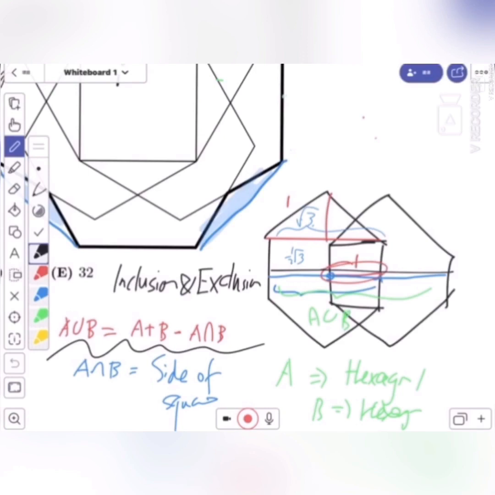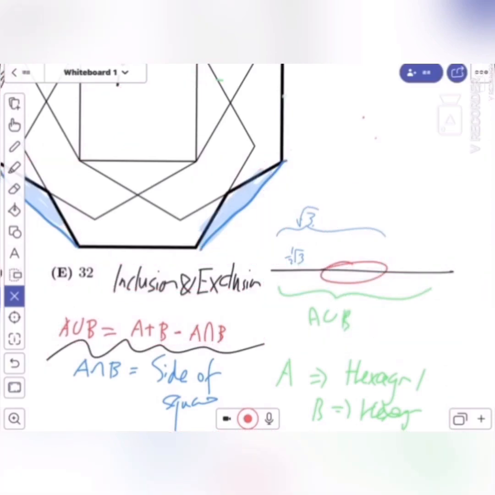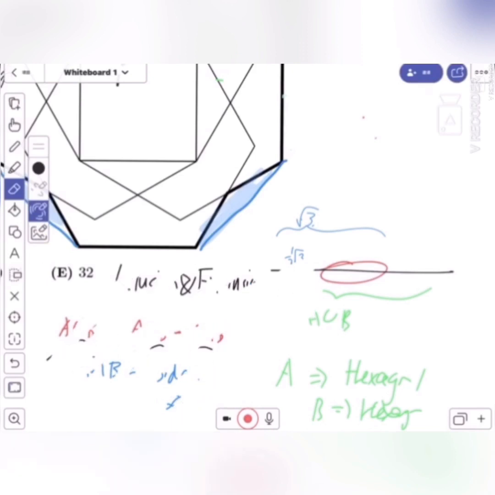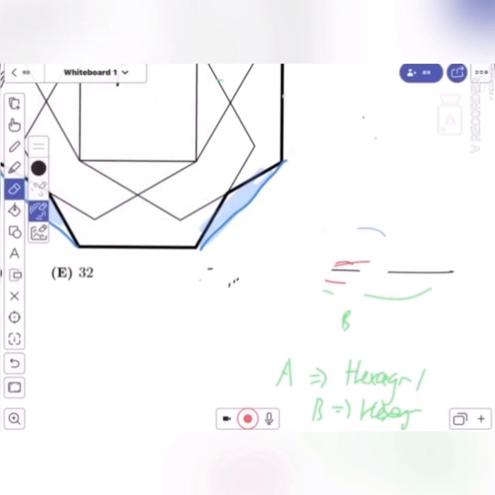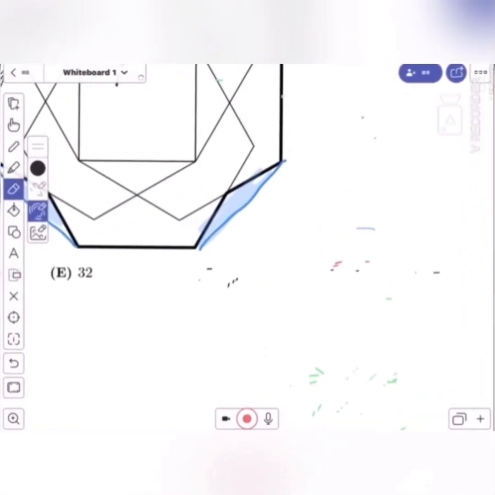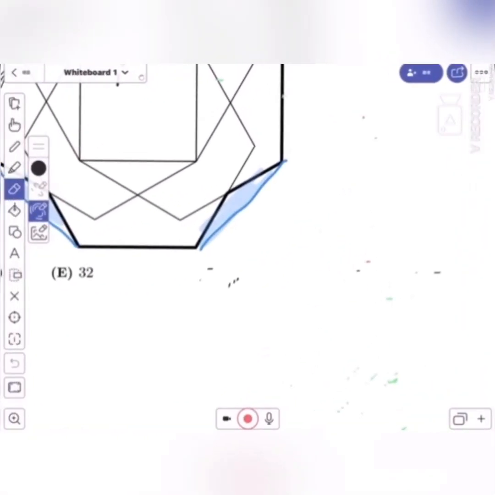So now how are we going to use it? Let me just erase everything for now. So one of the altitudes of the hexagon is square root of 3.